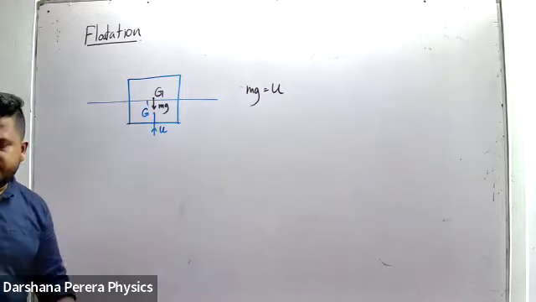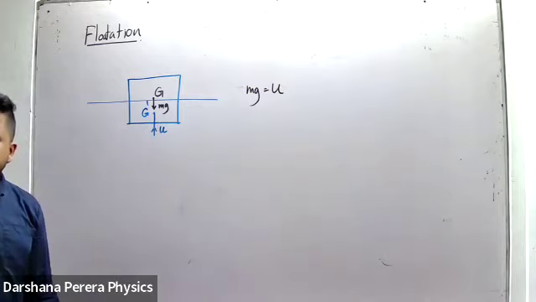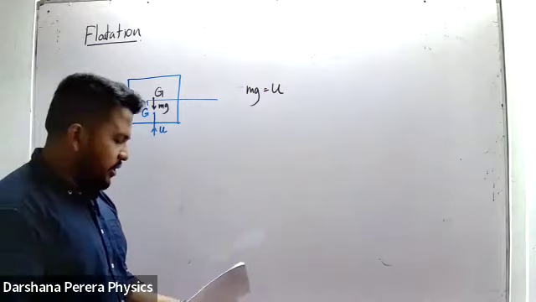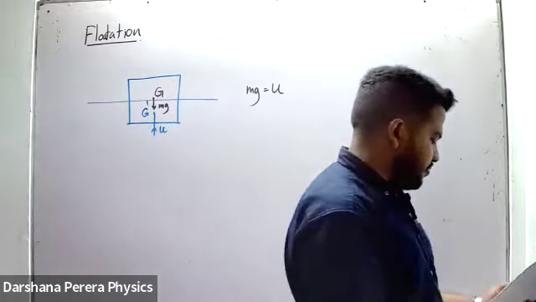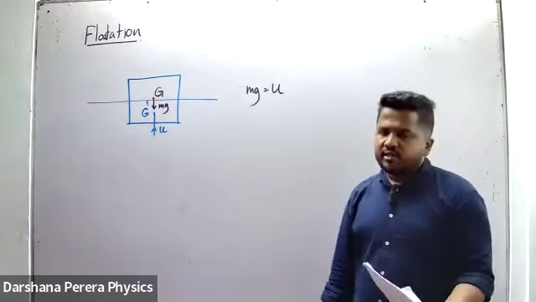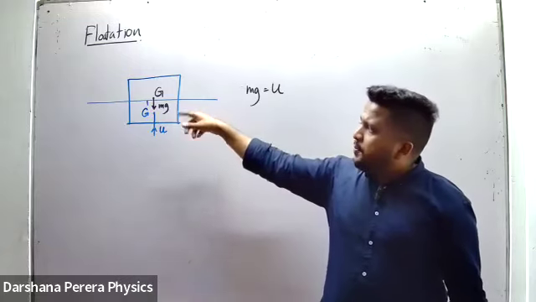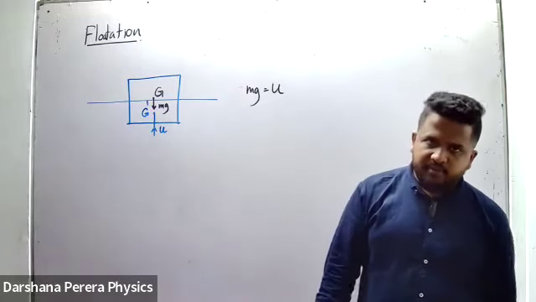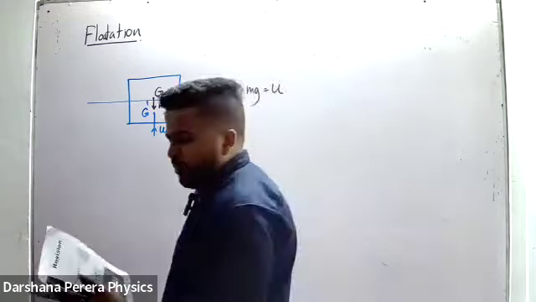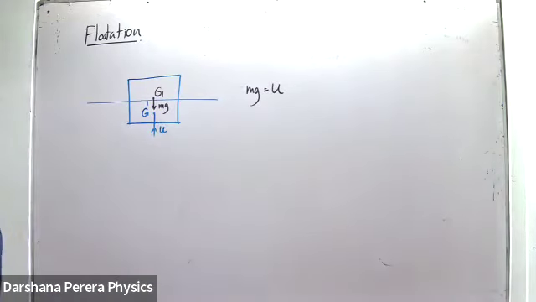Okay. Draw this one. This relation is taken as the floating principle of flotation. Mg equals u. Why? A floating object has an upthrust and a mass, weight. Okay.